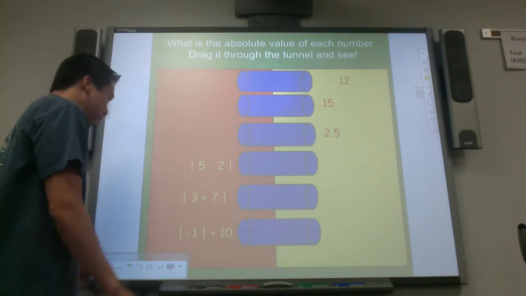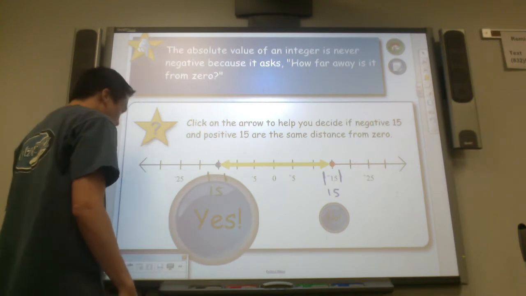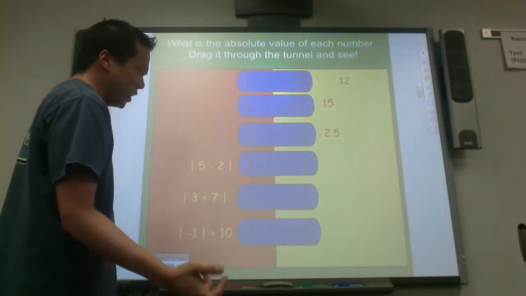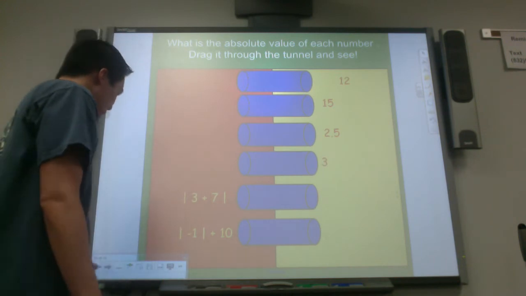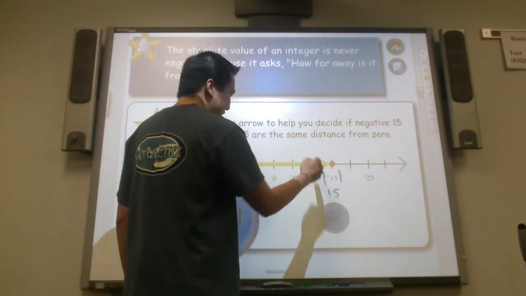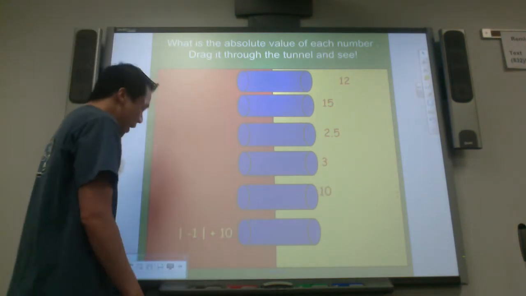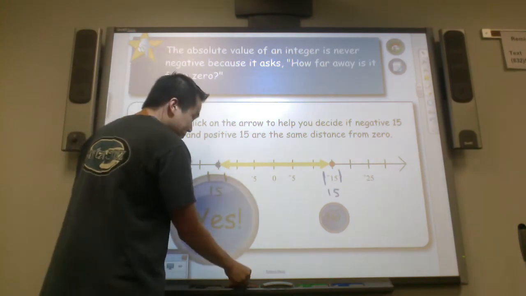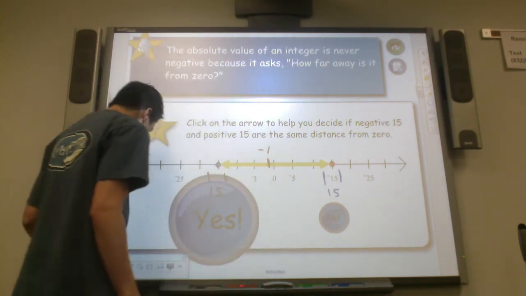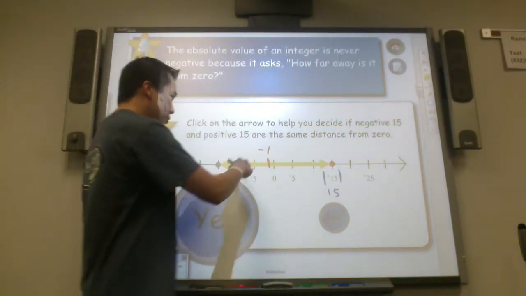So you're at 5. You back up 2 units. Wouldn't that be 3? So you're 3 units from 0? It is. And then you go forward by 7. So how many units from 0 are you? 10. And last but not least, you're at negative 1. Negative 1 will be right here, and you go 10 spaces forward.